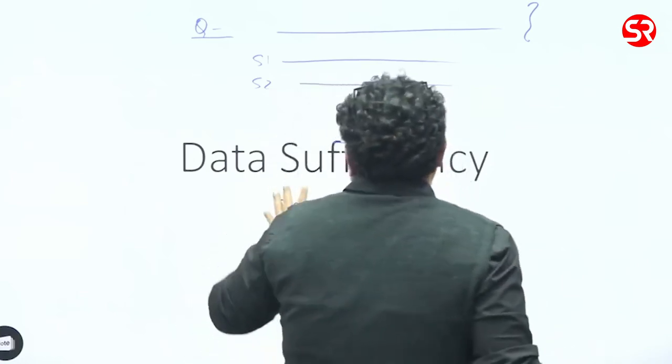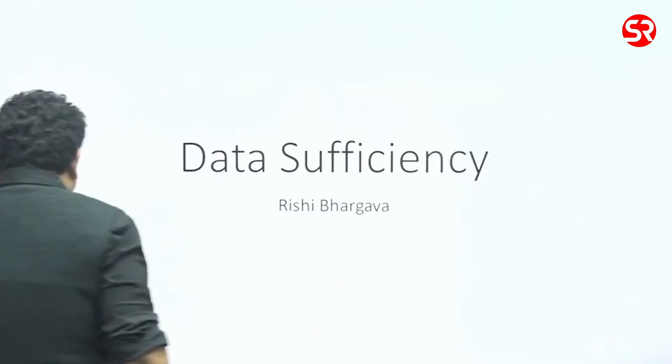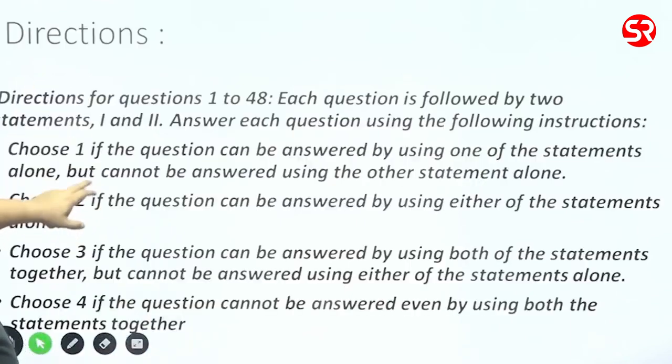Now this is what exactly it is. Let's see, listen carefully, please pay attention. These are the directions in most of the questions. He says choose 1 if the question can be answered by using one of the statements alone but cannot be answered using the other statement alone.